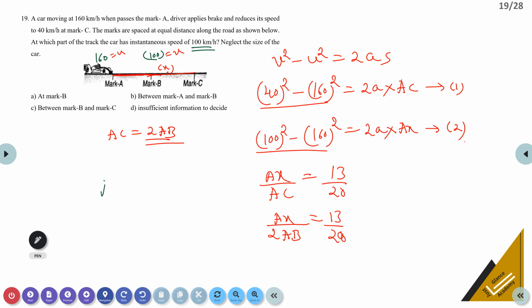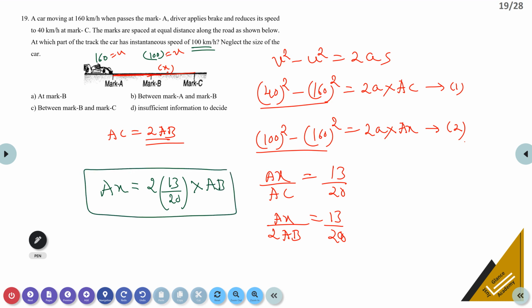Then what is AX now? AX equal to 2 into 13 by 20 into AB. Think it. Here this quantity you see, 2 into 13 by 20, is it not more than 1?